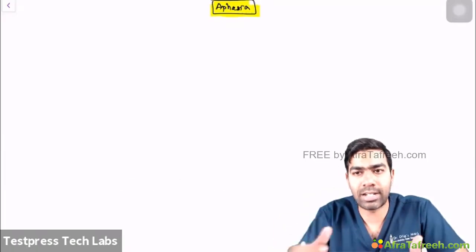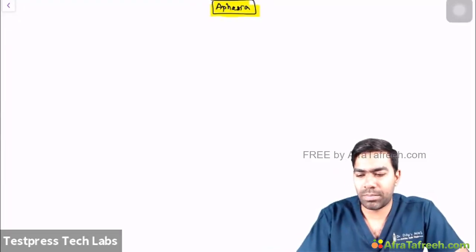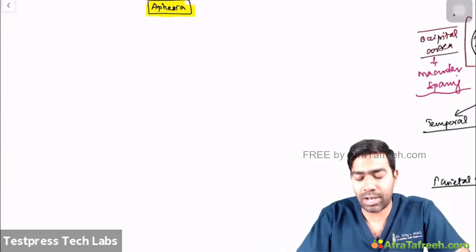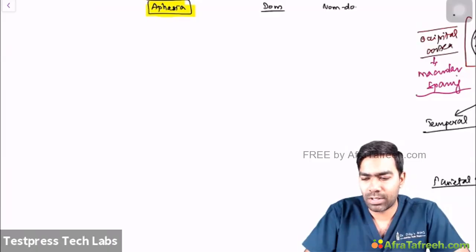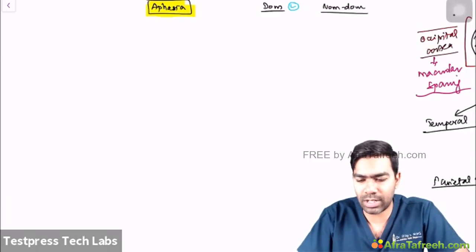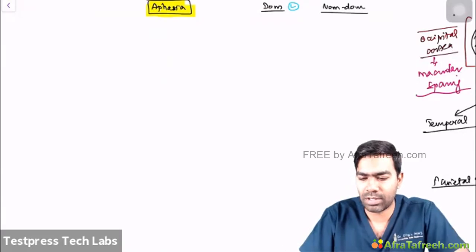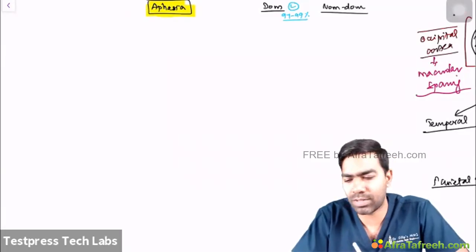So what are the things that are going on in the brain? Even before going into aphasia, it is important to note that there is something called a dominant hemisphere and something called a non-dominant hemisphere. Remember, dominant hemisphere usually means the left hemisphere, because 97 to 99% of the time, in Indians, the dominant hemisphere is the left hemisphere.